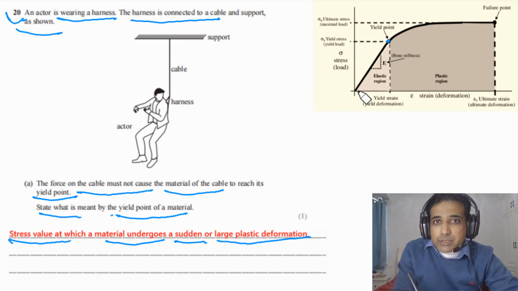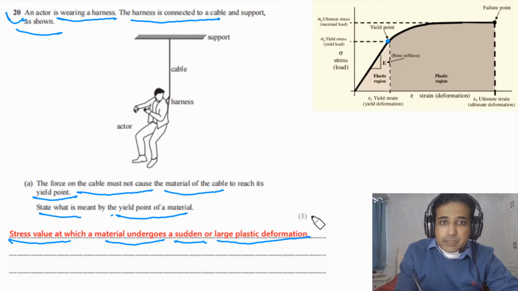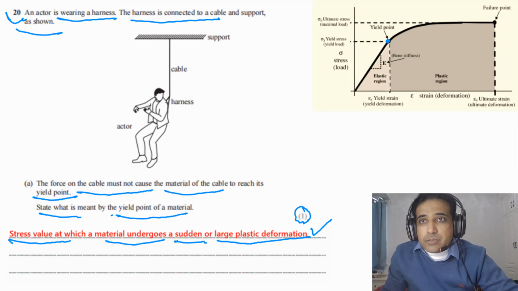Before this, the increase in strain and stress are proportional to each other, and after that there is a large increase in strain with a small increase in stress, and the material undergoes plastic deformation. So this is how you can explain this question, which is only 1 mark. If you have written this, you will get 1 mark.